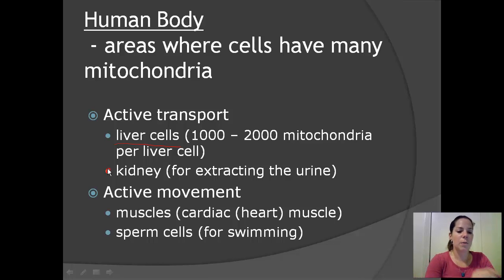Now, areas in the body where a lot of active movement takes place are the muscles, such as the cardiac muscle in the heart, as well as the sperm cells, which require a lot of mitochondria for swimming. The mitochondria actually encapsulate the flagellum of the sperm.